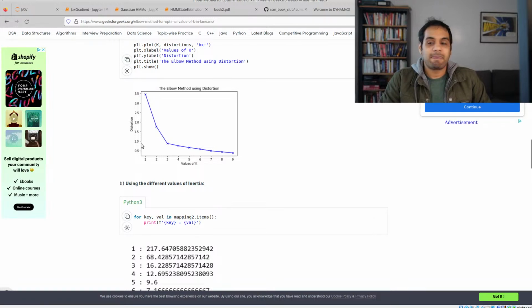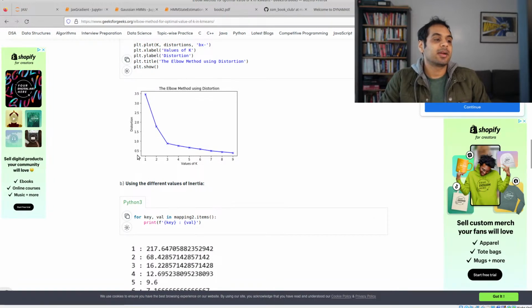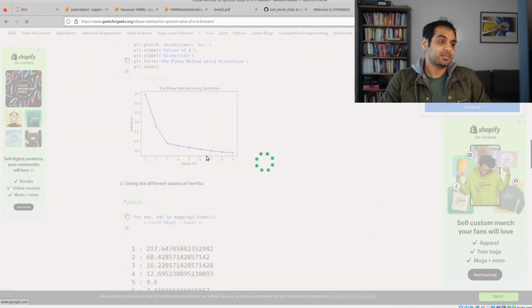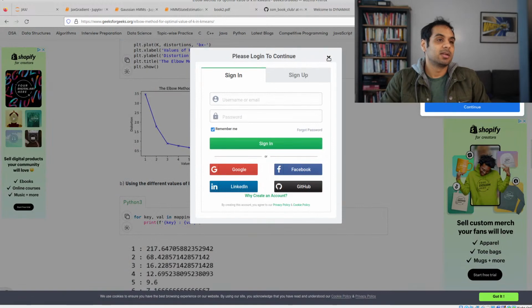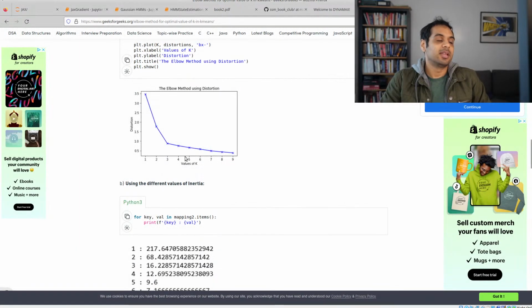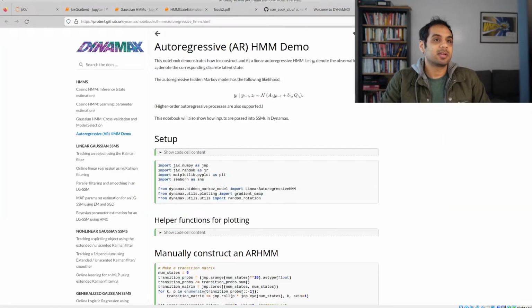You just take a data set, you rerun your model over and over again with more and more clusters, and then you see where the drop-off or the inflection point is in your curve. In this case, it looks like the number of states is 3. That's the optimal amount.